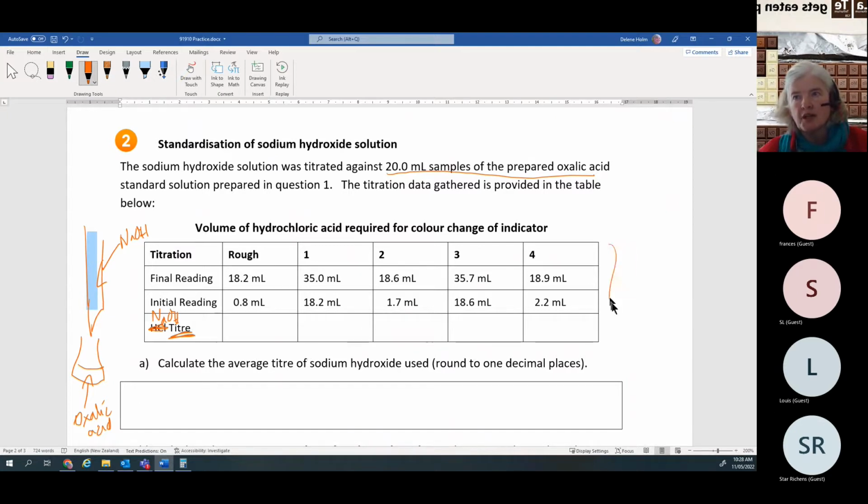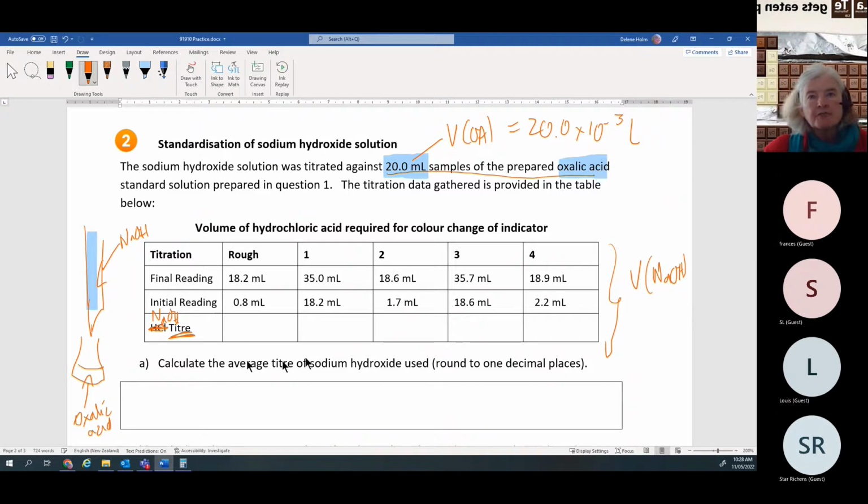What you're going to be working out here is the volume of the sodium hydroxide, because you are already given the volume of oxalic acid. So the volume of oxalic acid is 20.0 times 10 to the minus 3 liters. This bit over here is going to be the volume of the other substance, which is sodium hydroxide. So the first step is always to calculate your values.